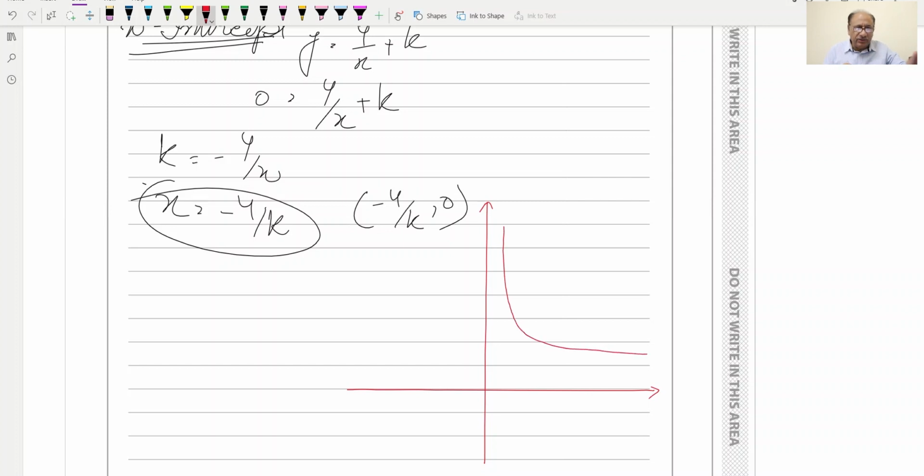It will never attain one value, and this side will be the x-intercept. The coordinates of this x-intercept will be minus 4 over k and 0, and the horizontal asymptote will be this line.